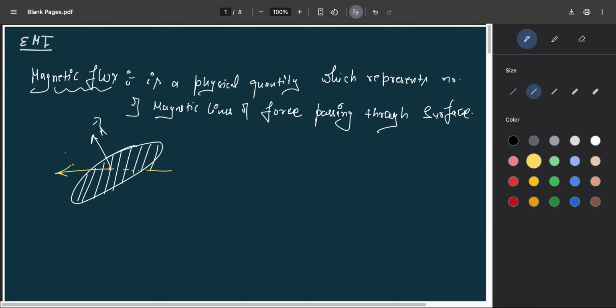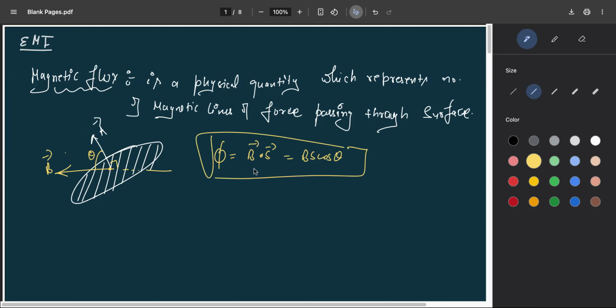What matters is the angle between the area vector and the magnetic field. The area vector is always taken perpendicular to the surface. So the magnetic flux comes out as B dot S.